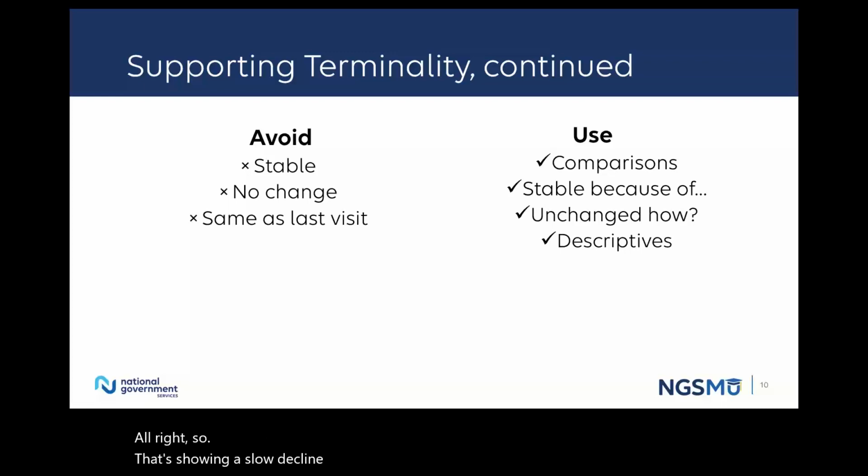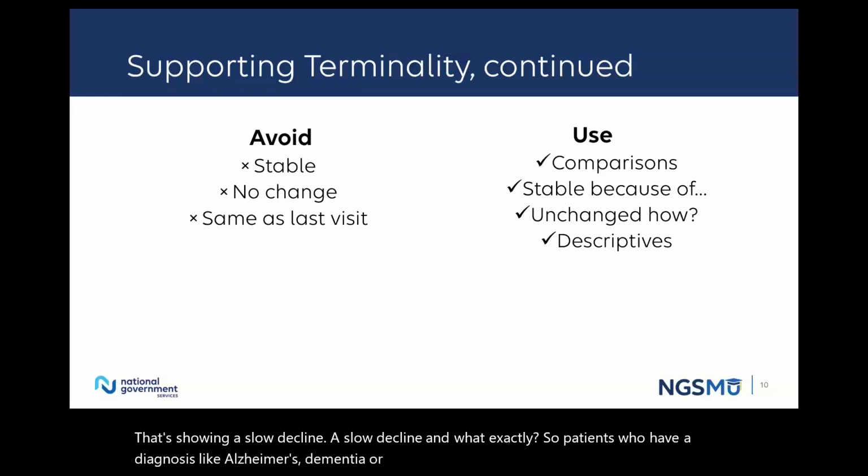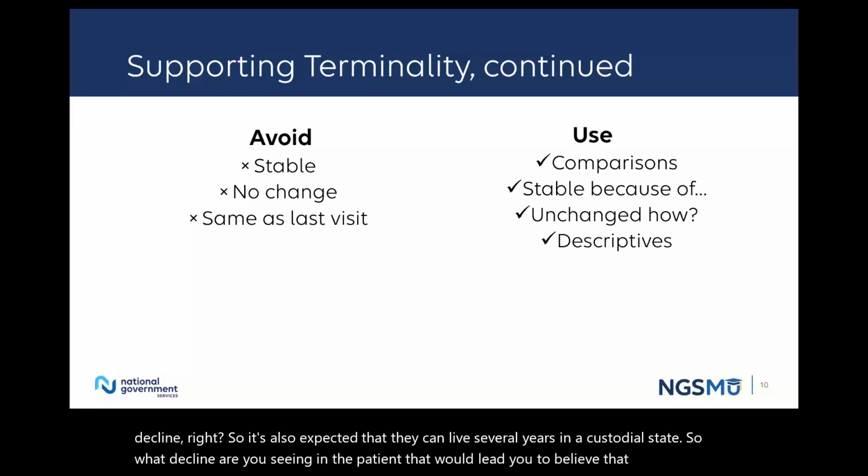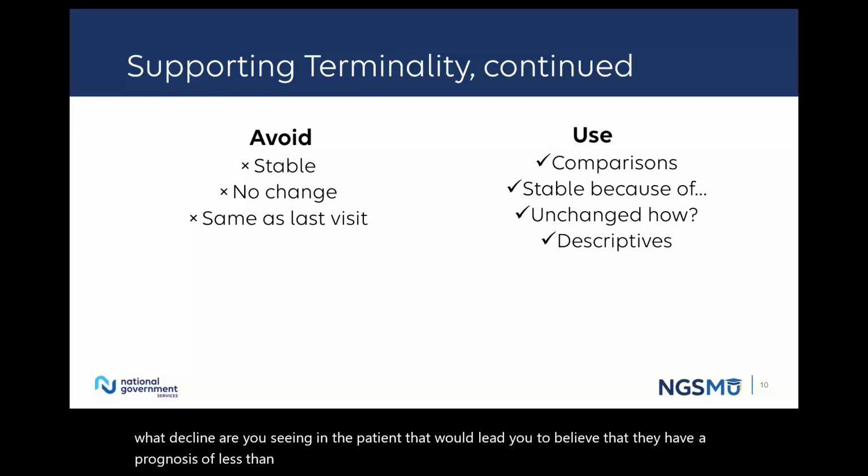A slow decline in what exactly? So patients who have a diagnosis like Alzheimer's, dementia, or Parkinson's, it's expected they're going to have a slow decline, right? So it's also expected that they can live several years in a custodial state. So what decline are you seeing in the patient that would lead you to believe that they have a prognosis of less than 6 months to live?